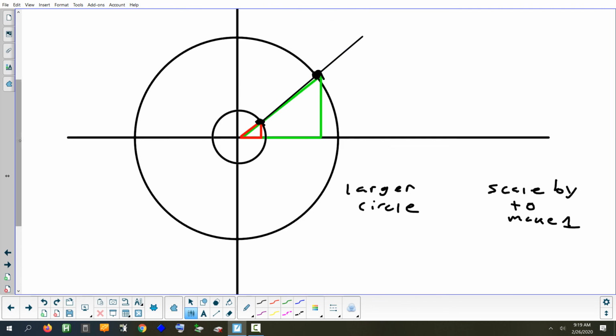So what I'm trying to do is take this green triangle and turn it back into the red triangle, because we know how to do the red triangle problem. The green triangle is too big. It's on a circle that's bigger. So if we can take that green triangle and scale it, shrink it down, then we can turn it back into the red triangle and do the problem just like we've always done.